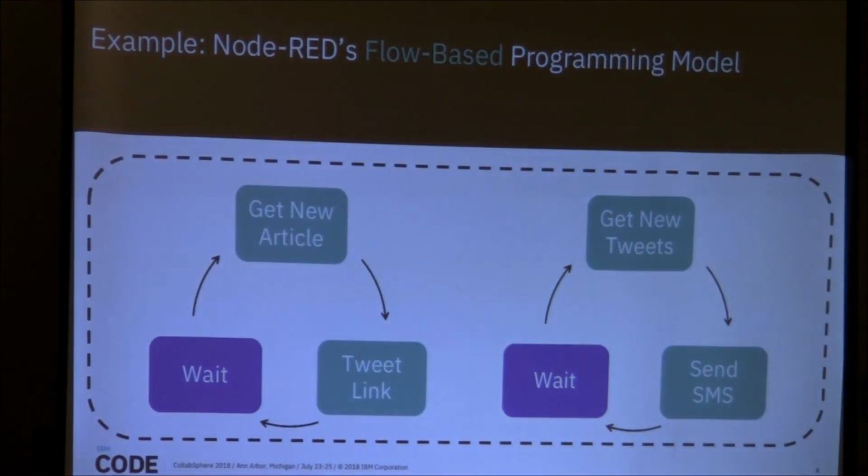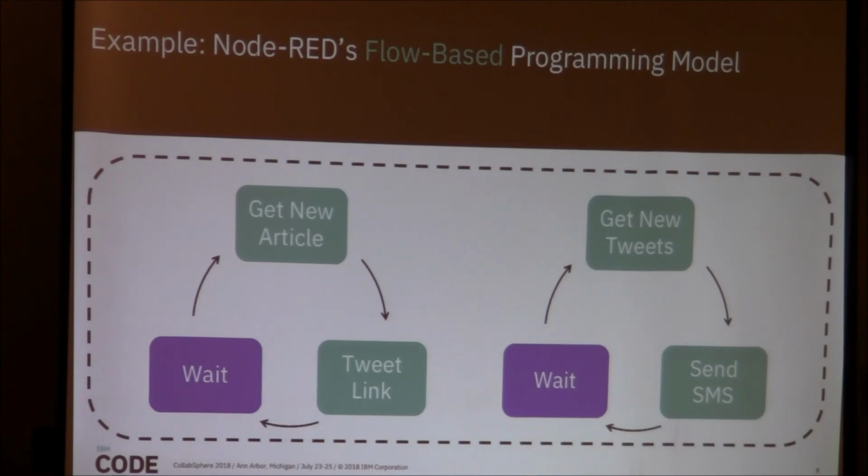So in a flow-based model, there's less of a notion of a clear beginning and end. There's kind of a loop, if you will. Instead of start and end, there is wait. And what is wait? Wait means the flow-based model will wait for an event.